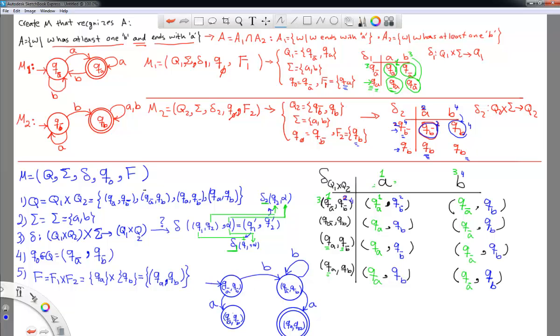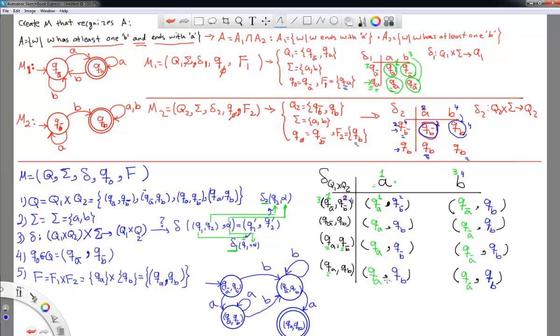QA, Q naught B, which is this one down here to the left, over A goes to QA and Q naught B. So over A, it's going to stay in itself. With the B, it's going to go to Q naught A and QB. So with a B, it's going to go in here. Finally, QA, QB, which is the one at the bottom here.